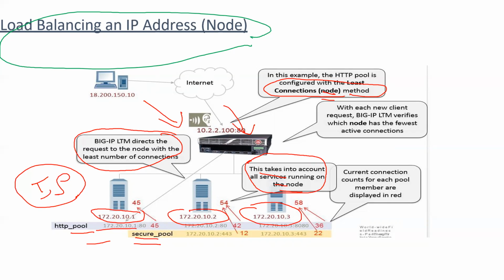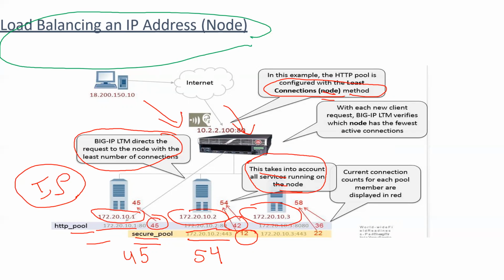So 172.20.10.1 has 45 connections. Do we have this IP address in the secure pool? No. So we have 45 here. Let's see another one, 172.20.10.2. It is running on 80 and on 443. On 80 it has 42 connections, and on 443 it has 12, so the total is 54.